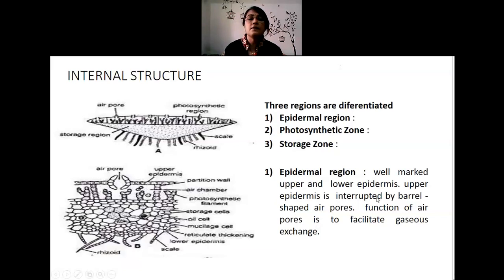The upper epidermis on the dorsal surface is interrupted by barrel-shaped air pores, which facilitate exchange of gases. They are also called chimney pores.